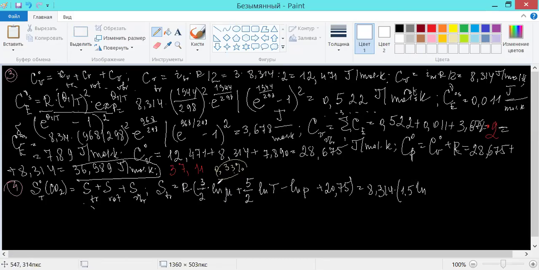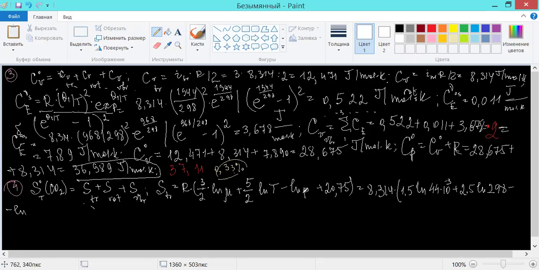When we are using this formula, remember to use not grams per mole but kilograms per mole, which means that we write not 44 but 44 times 10 raised to the minus third, plus 2.5 natural logarithm of 298, minus... And here we also have a trap.